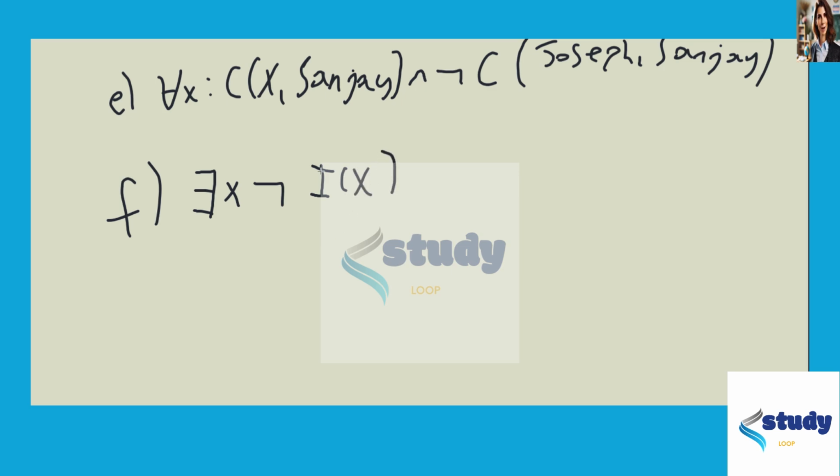Someone doesn't, so there exists some x such that the negation of the I of x. So there is part F.